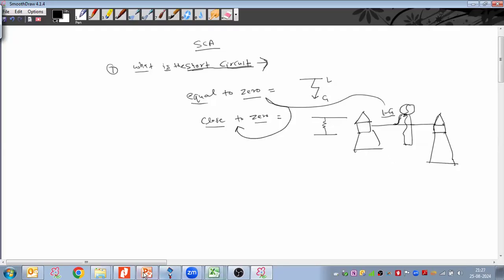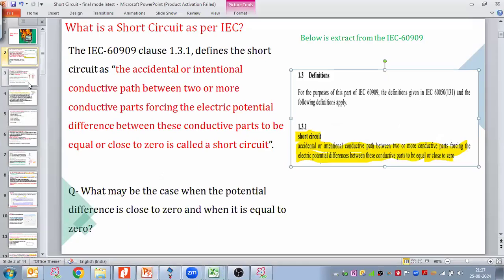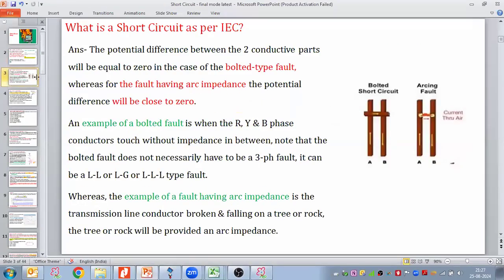Yes, sir. Let us see. Here we can take this circuit as an example. When between two paths there is a bolted short circuit, the potential difference would be equal to zero. When between two paths there is a resistive path, an arcing fault, the potential difference would be close to zero.